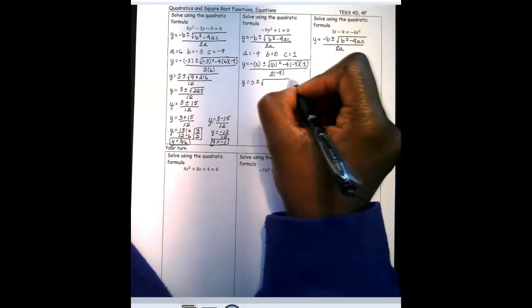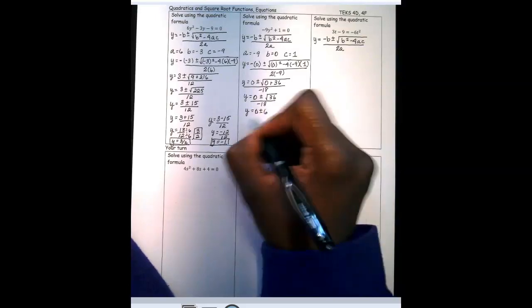So we've got y is equal to 0 plus or minus. Well, the square root of 0 is just 0. And then negative 4 times negative 9 is positive 36 times 1 is positive 36, all of that divided by negative 18. And y is equal to 0 plus or minus the square root of 36 divided by negative 18.